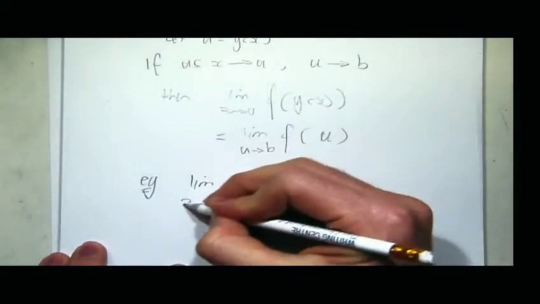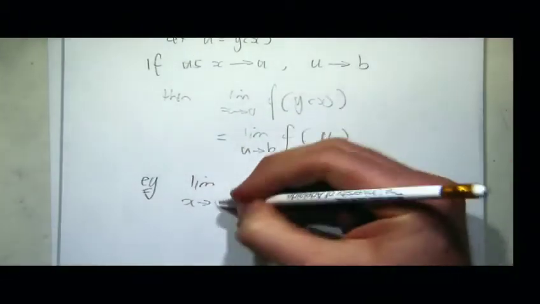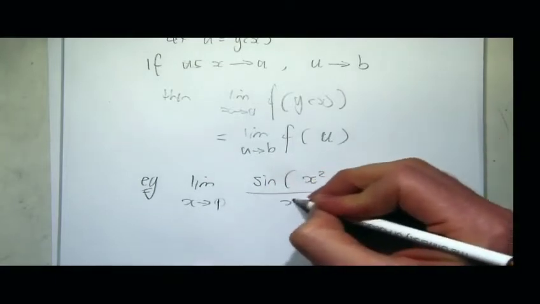So this is my classic example. The limit as x goes to 0, or even better, the limit as x goes to 1 of sine of that function.